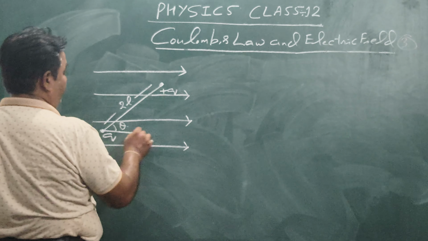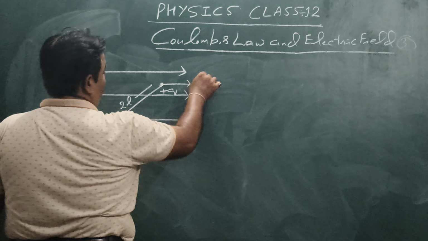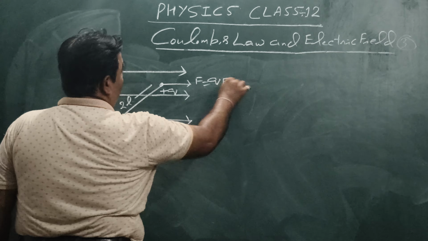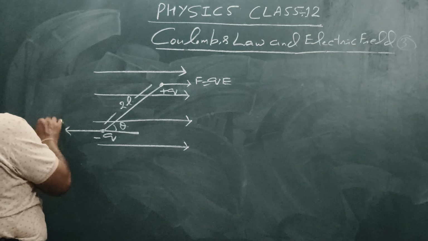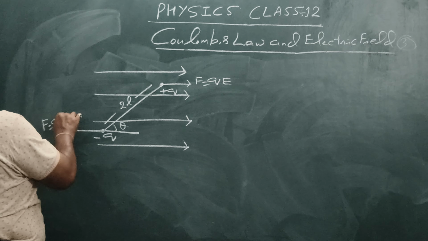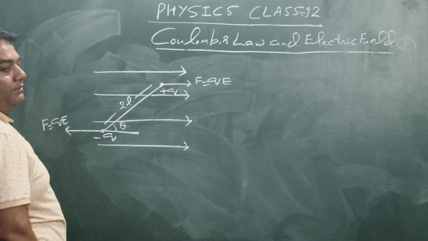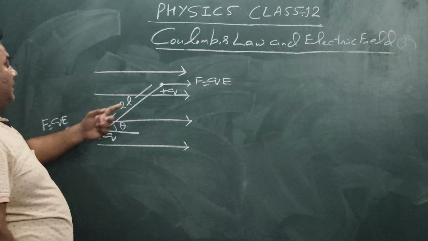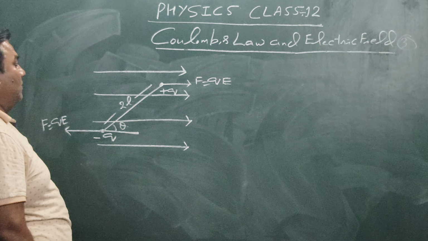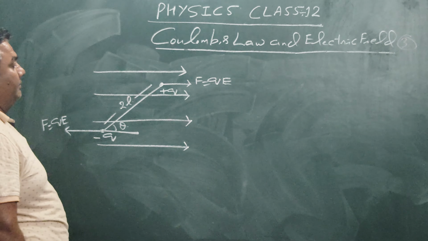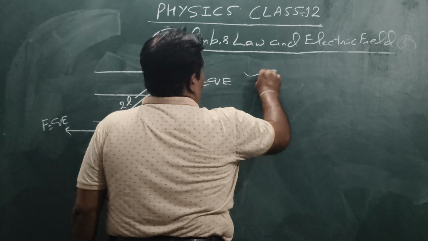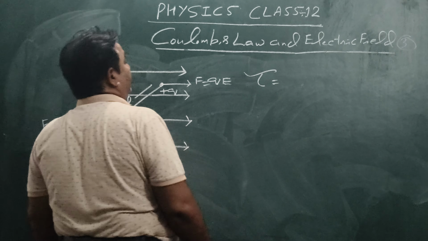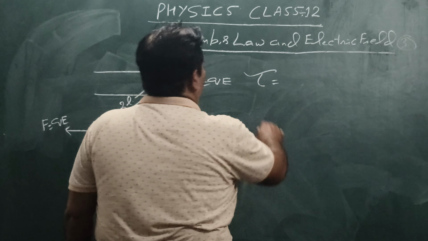The plus q charge experiences a force F equal to qE in the direction of the electric field, and the minus q charge experiences a force F equal to qE in the opposite direction. These two forces are equal and opposite, so they form a couple.